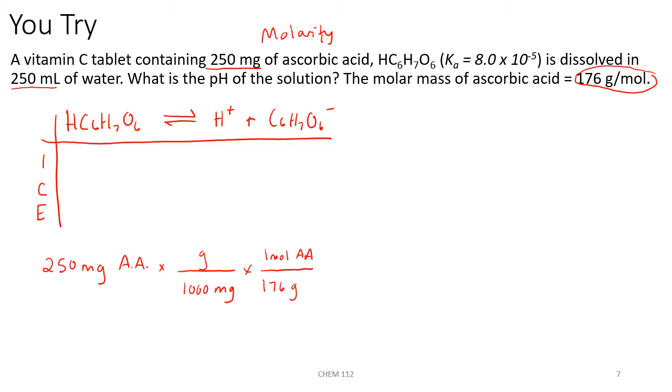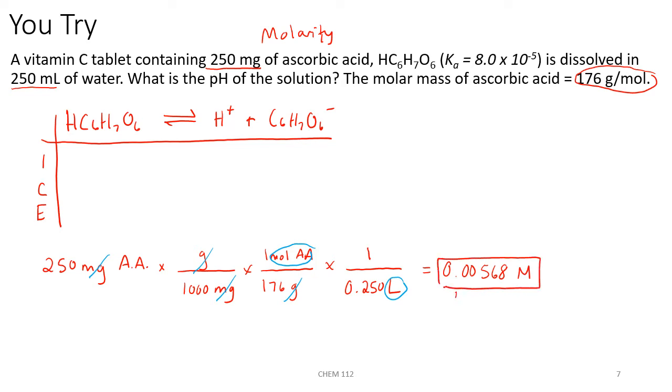And since we need concentration, we need moles per liter, we can divide by the volume in liters. It was dissolved in 250 milliliters, which corresponds to 0.250 liters. So then notice your units, your milligrams cancel, your grams cancel. You're left with moles of ascorbic acid per liter. So this will give us our molarity that we can use in that ice table. It comes out to being 0.00568 molar.